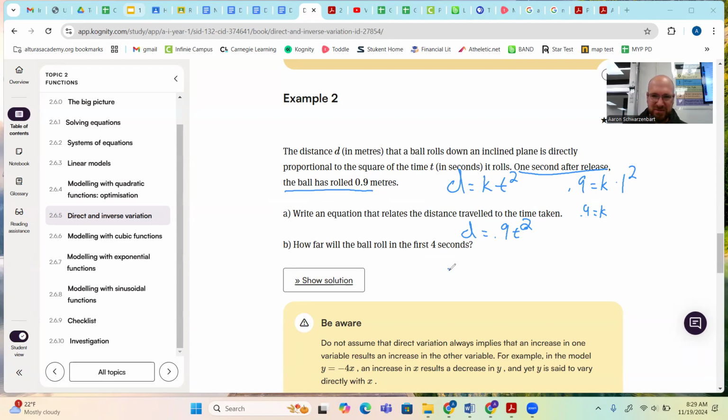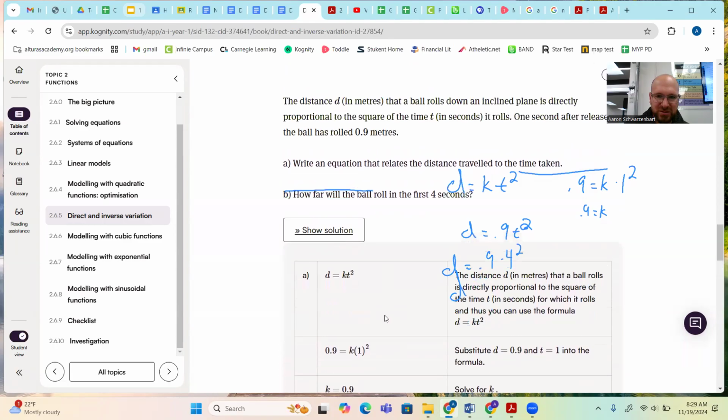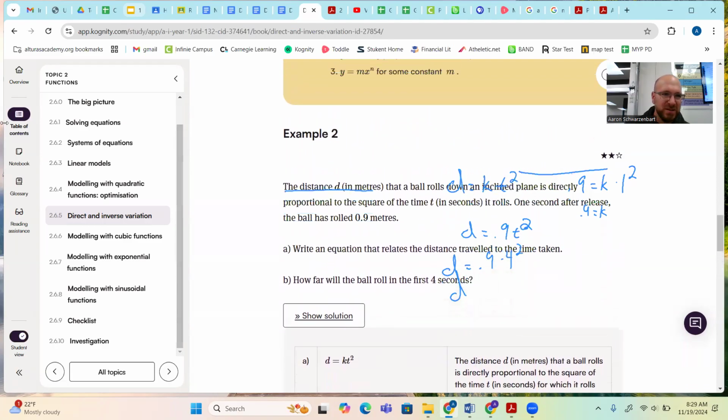How far will it be after 4 seconds? And that is 16 times 0.9. I'm not sure offhand. 14.4. If I look at the answer key, it does the calculation for me. It's amazing.